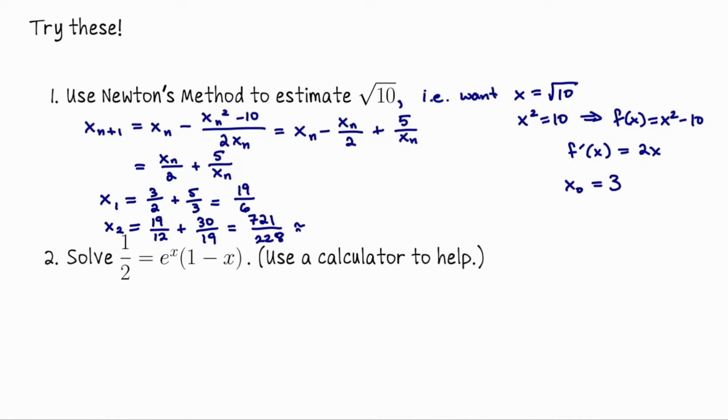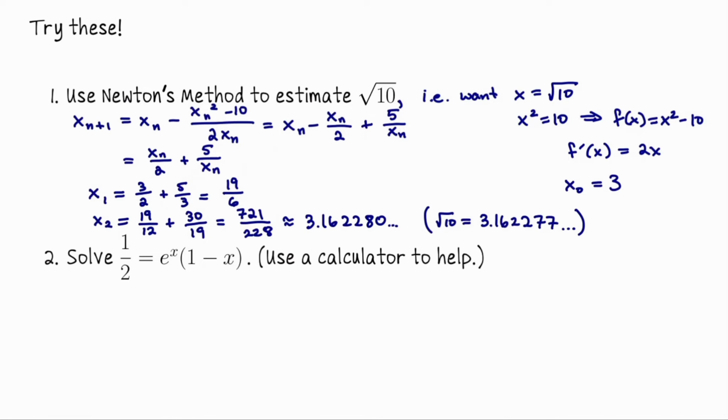As a decimal, which is going to be more satisfying, it's about 3.16228, etc. Whereas the square root of 10 with the first 6 decimals is 3.162277. So you can see we did a pretty good job with just 2 steps with Newton's method.